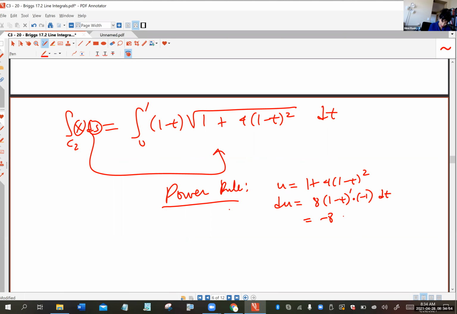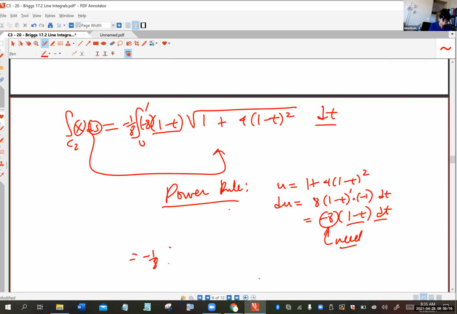If I clean this up a little bit, it's -8 times the other factor, 1 minus t, dt. Now, good news, though. Look, we have 1 minus t dt already in the integrand. Cool. So all we need is a -8. If you just need a multiple, no problem. Put it in, provided you multiply the front with its reciprocal.